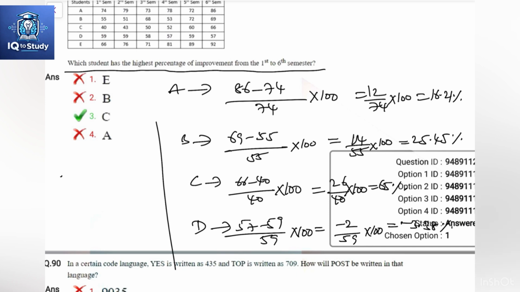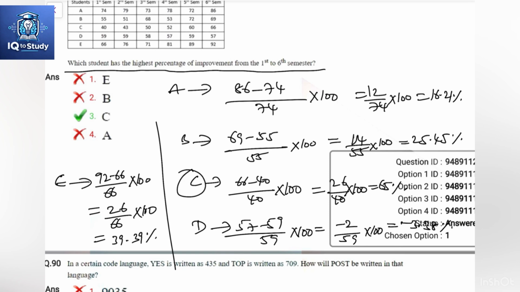And similarly, student E is 92 minus 66 by 66 into 100, which is equal to 26 by 66 into 100, which is equal to 39.39%. By comparing all the students, student C has highest percentage of improvement from first to sixth semester, which is 65%. So option 3C is correct.